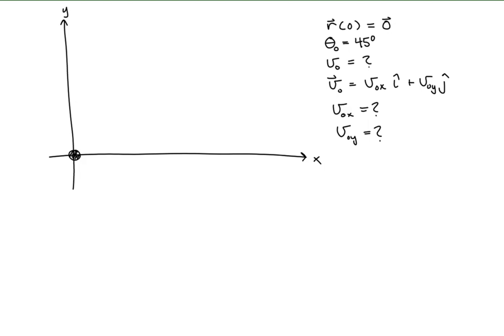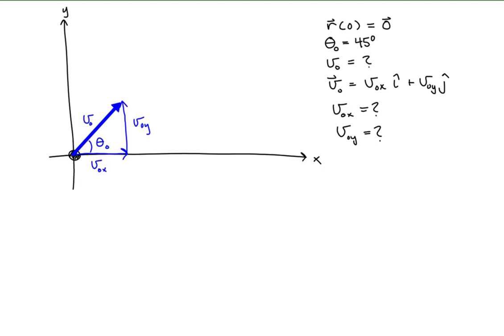So we know the object has a velocity that is initially directed 45 degrees above the horizontal. The x component of velocity is parallel to the x-axis. The y component of velocity is parallel to the y-axis, and it's thrown with an initial angle of theta naught equals 45 degrees above the ground with an initial speed of v naught, which we don't know.